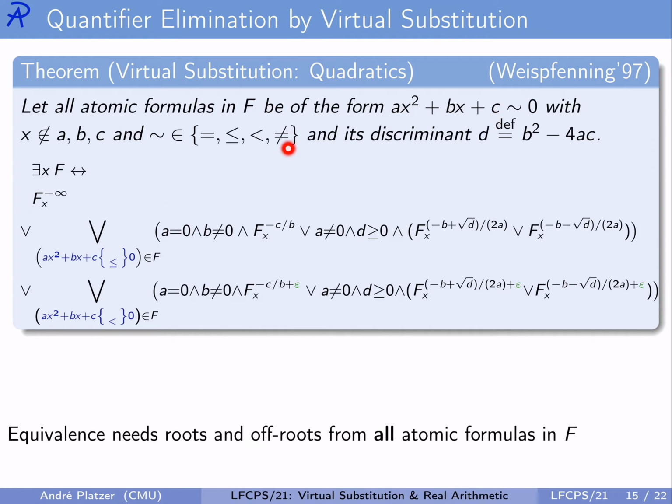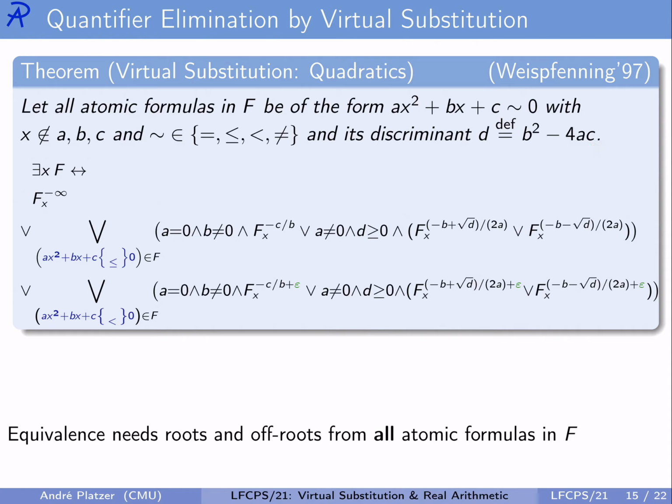And the atomic comparisons that are supported here, of course, others are just like that, where all of the atomic formulas are at most quadratic, in particular, is what that means, or linear or constant, where the discriminant is b squared minus 4ac.